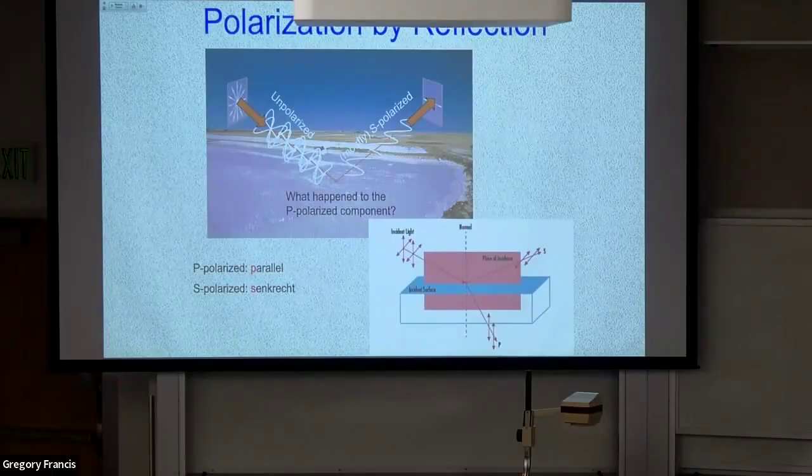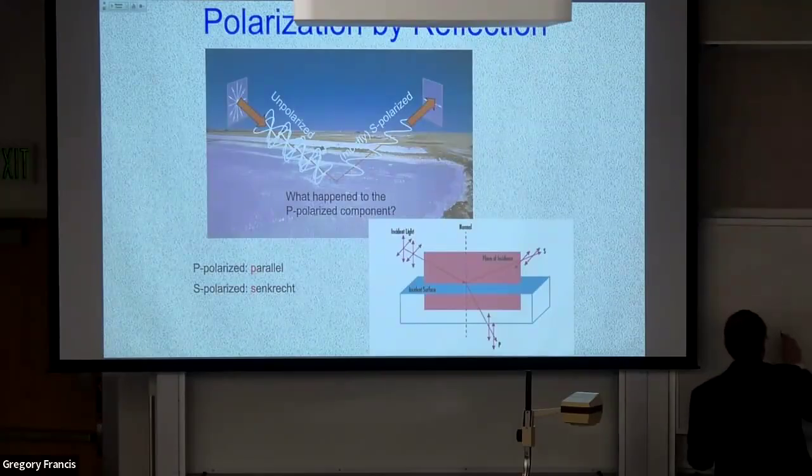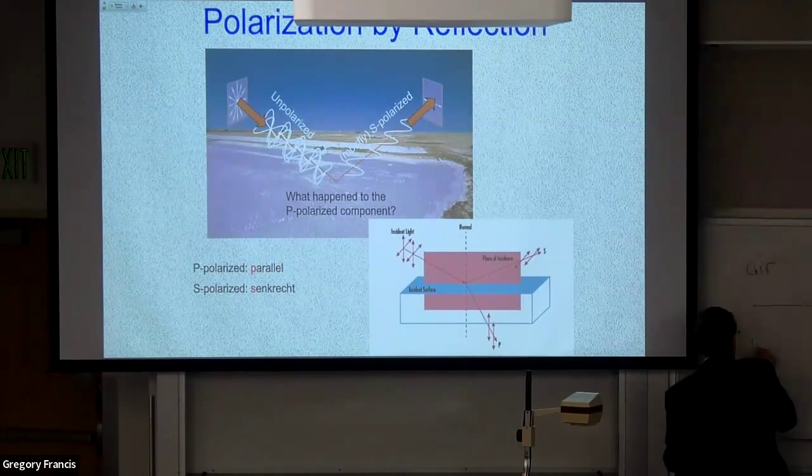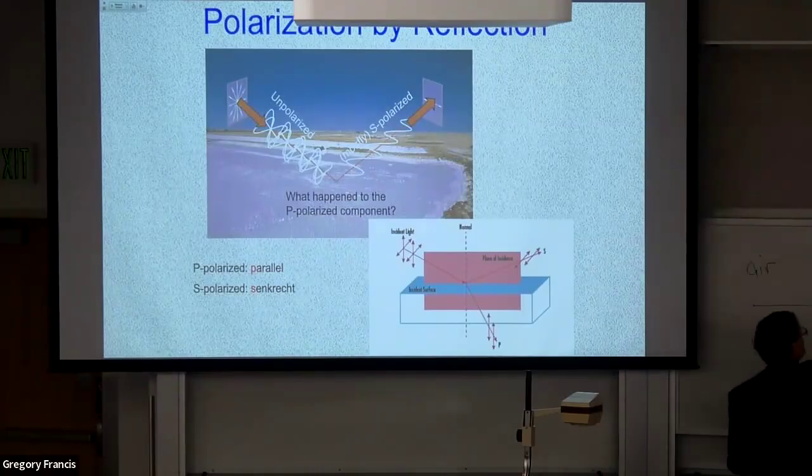Okay, now we can find that Brewster angle just with what we know about Snell's law. If I have this interface between air and water, and this could be any slow medium, but typically we use water.